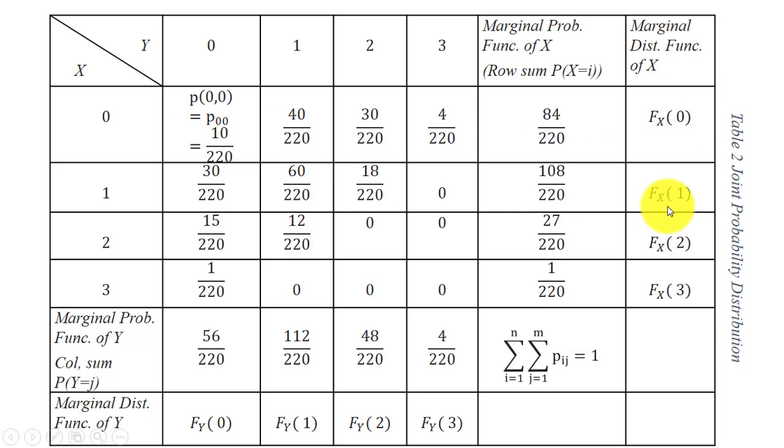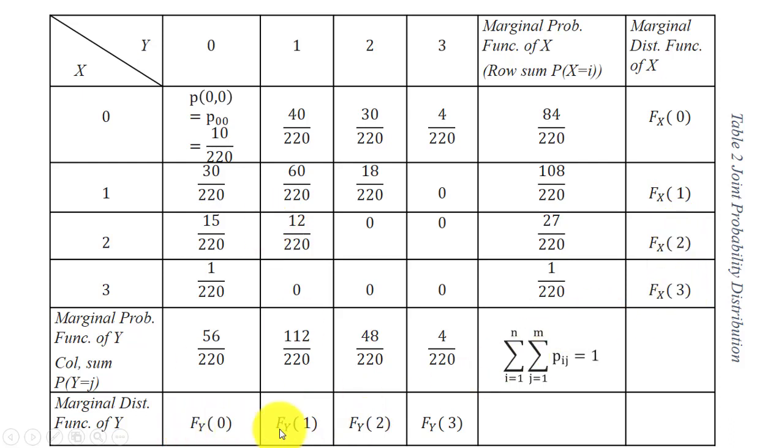Similarly, the marginal distribution function of x when x equal to 1, fx of 1, is given by the sum of all values of y varying from 0 to 3, and x is 1 only. And similarly the marginal distribution function of x with capital X equal to 2 and capital X equal to 3.